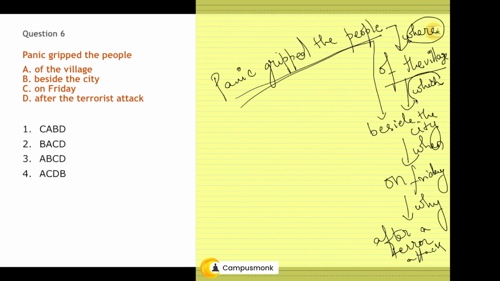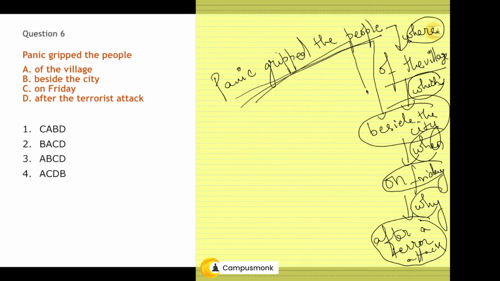Then you will ask which village? They'll say beside the city. Then you'll ask when? On Friday. You'll ask why? Because there was a terror attack. Okay, after a terror attack, the panic had gripped the people of the village beside the city. Clear? Alright. So the frame goes naturally.